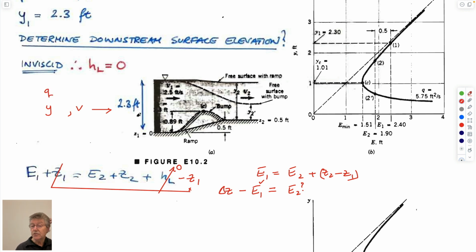So it's in English units, 2.3 feet, and there's a velocity of 2.5 feet per second. So we can calculate q from that directly and then make this curve. So this curve would be 2.5 feet, so what is it?